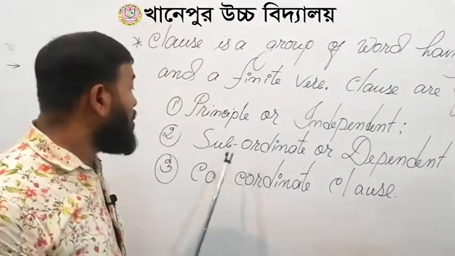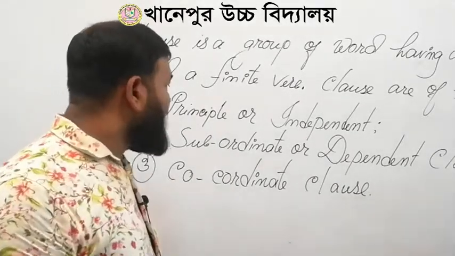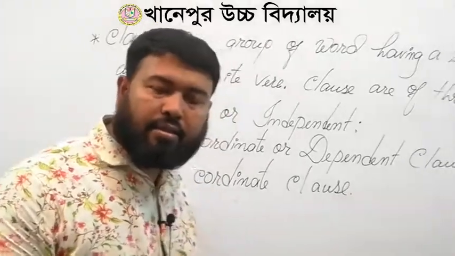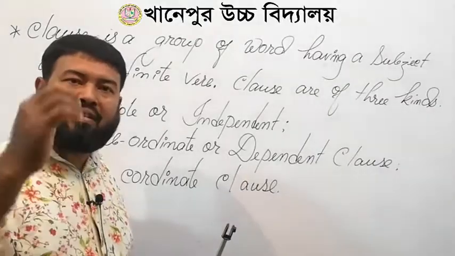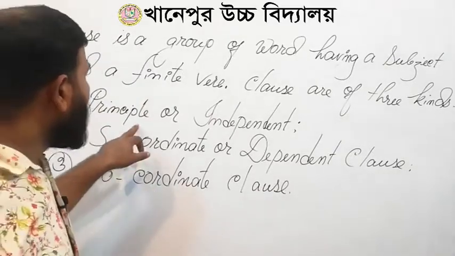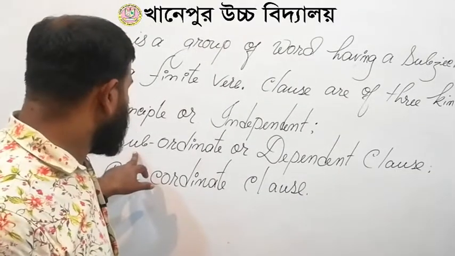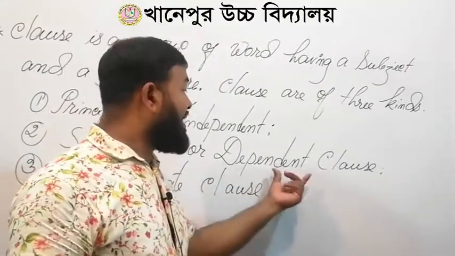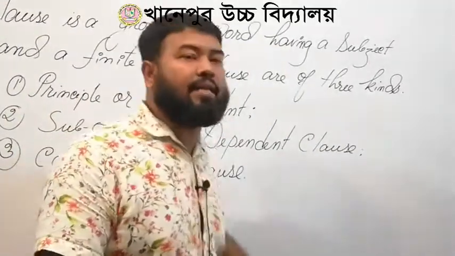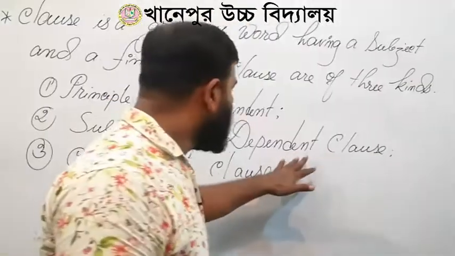But subordinate, sub means assistant. A subordinate clause cannot express a full sense. To express full sense, it needs help from the principal clause. That's why it's subordinate or dependent. That means this clause is fully dependent on the independent clause. That's why it is called a subordinate or dependent clause.